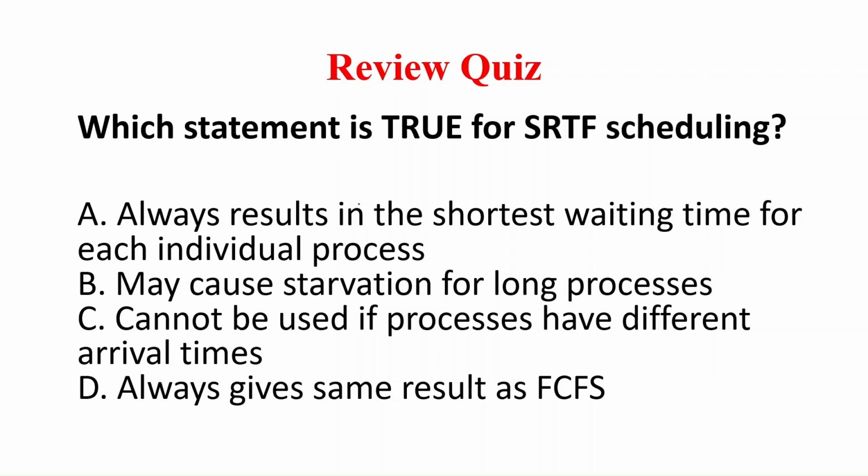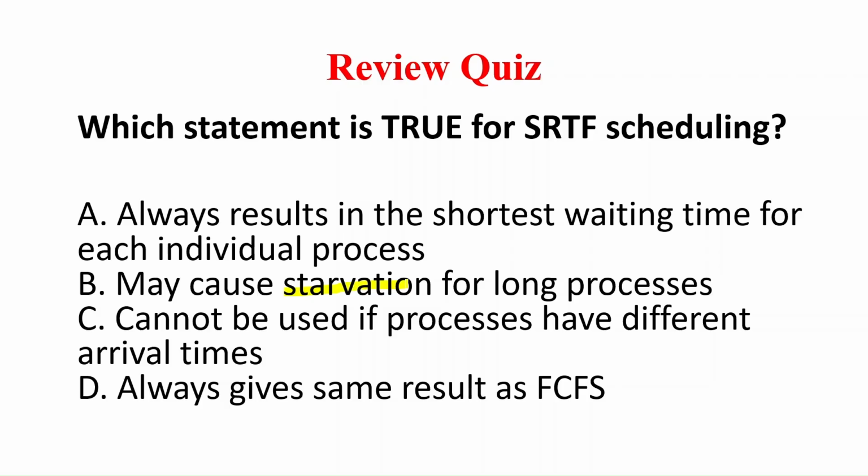Option A says it always results in the shortest waiting time for each individual process. No, it's not about wait time. We determine the process based on the burst time, right?